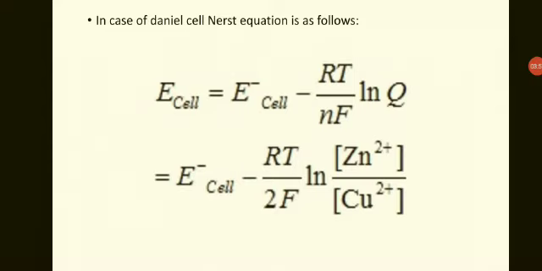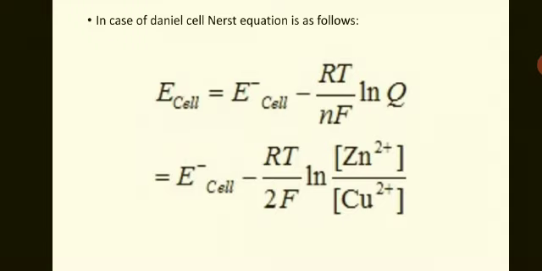In the case of the Daniell cell, the Nernst equation is modified as below. E cell is equal to E0 cell minus RT upon nF natural logarithm of Q, where n means the number of electrons or charge. So n is taken as 2 because 2 electrons are either lost or gained in this redox reaction.